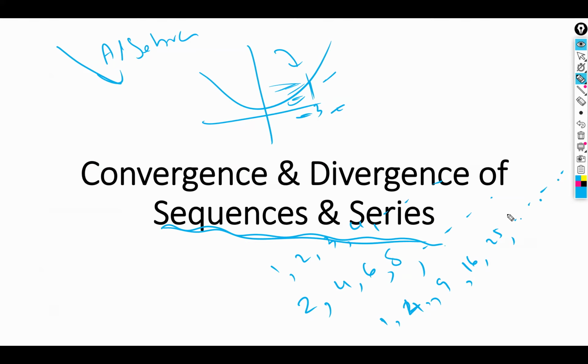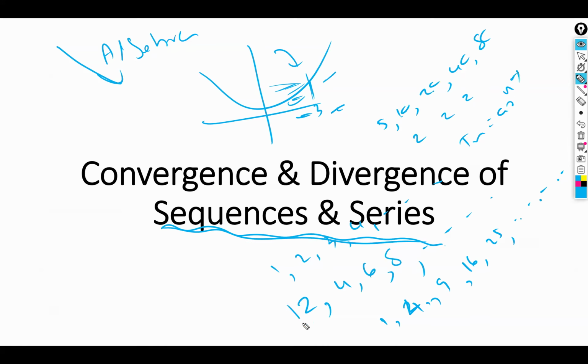But there are some special sequences like the arithmetic sequence, where you have a common difference. Then the geometric sequence, like 5, 10, 20, 40, 80: 10 divided by 5 is 2, 20 divided by 10 is 2, 40 divided by 20 is 2. So then we have Tn equals A R to the power n minus 1.